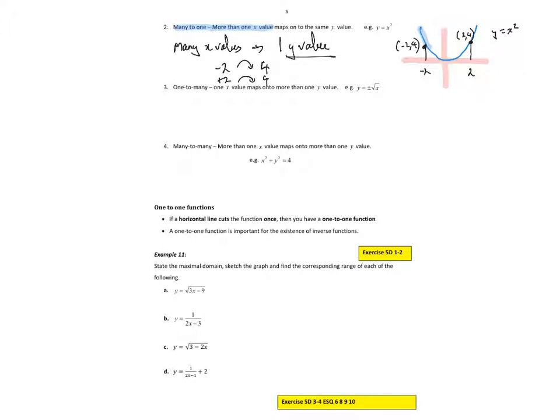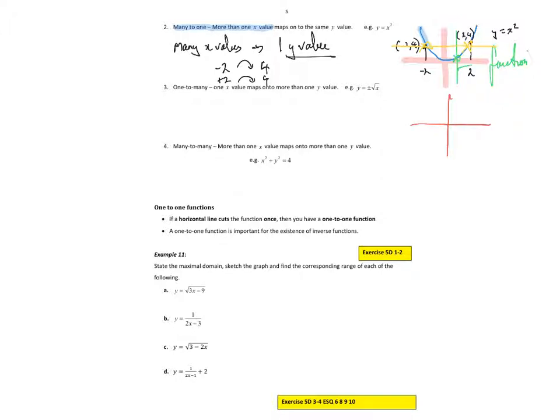So many x to one y. If we consider our vertical line test, if I do a vertical line, it crosses only once. So yes, it's a function. But if I do a horizontal line, it crosses twice. So it's not a one-to-one function. It's many to one.